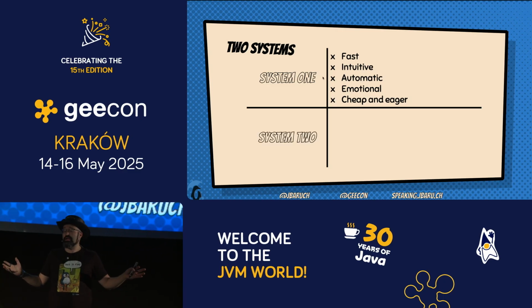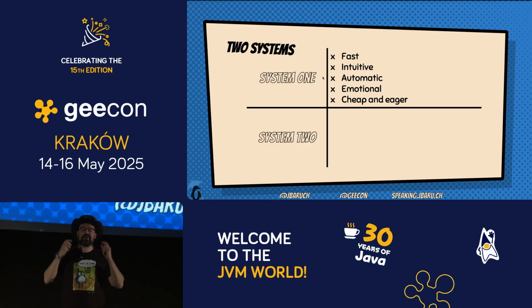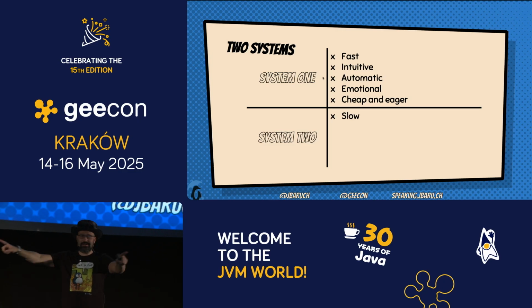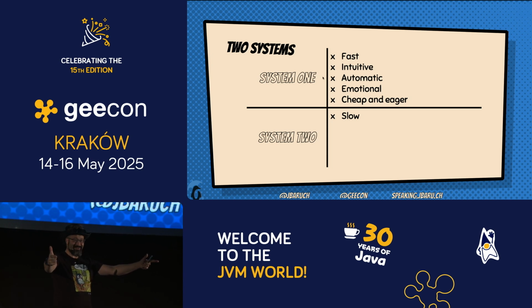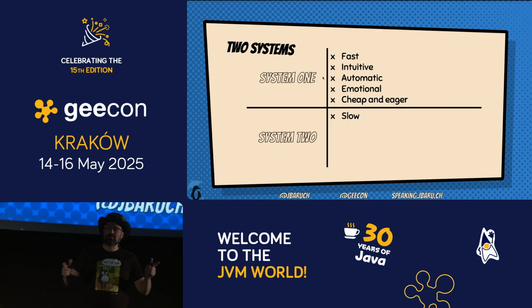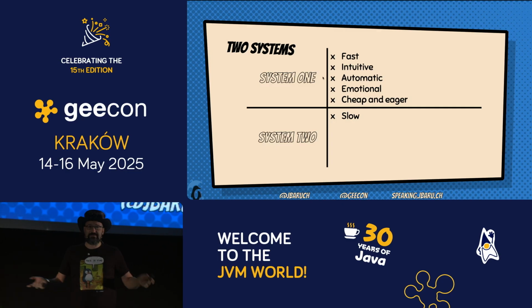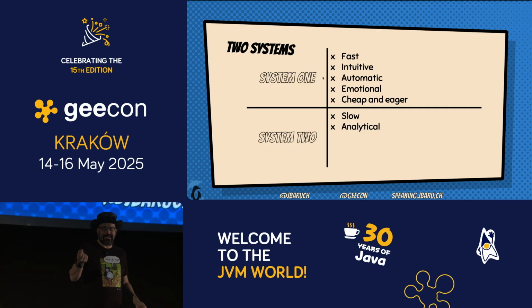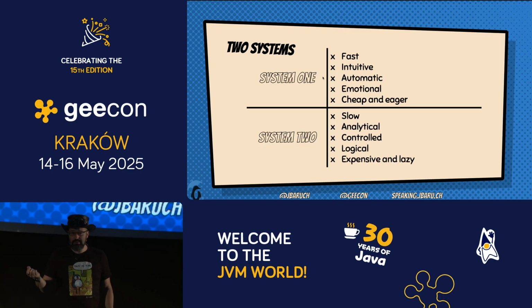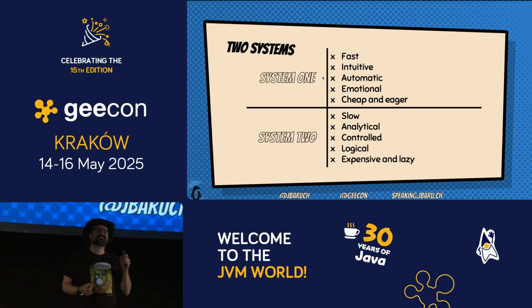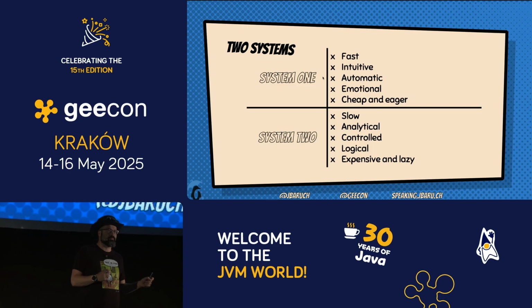System 2, on the other hand, is exactly the opposite. It's very slow, analytical, controlled, logical, but also very expensive and lazy.